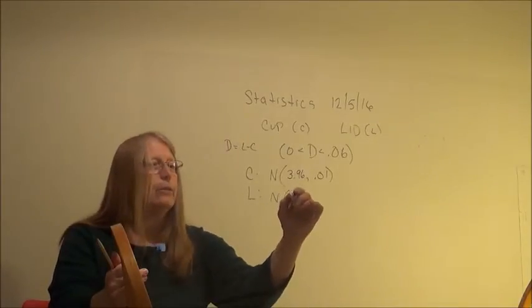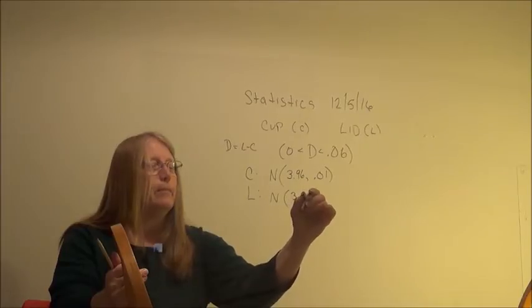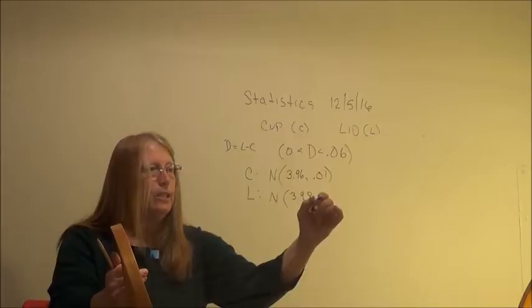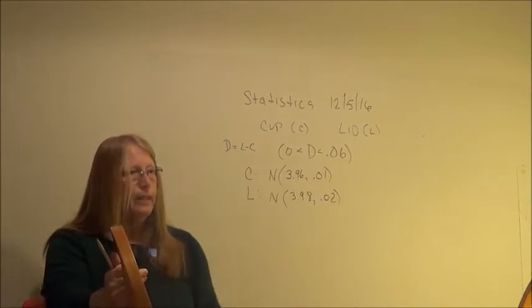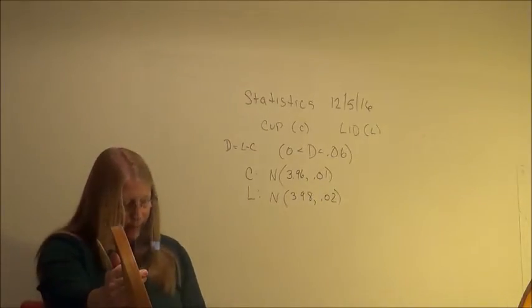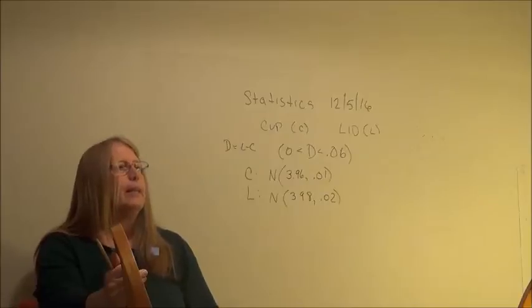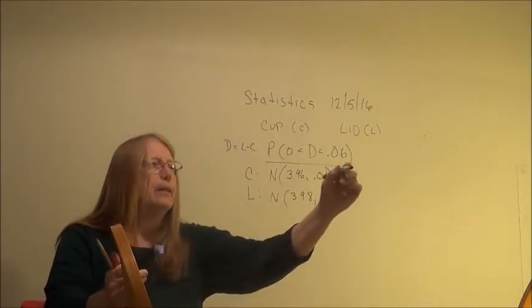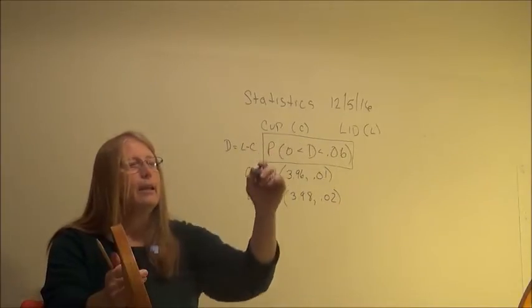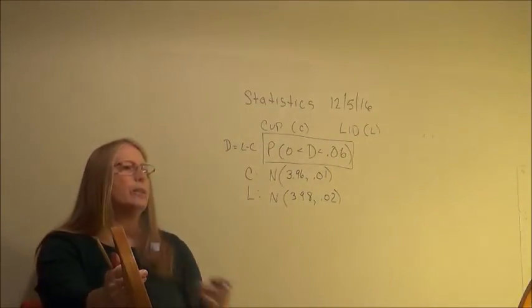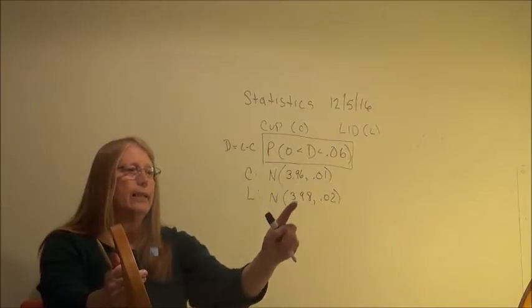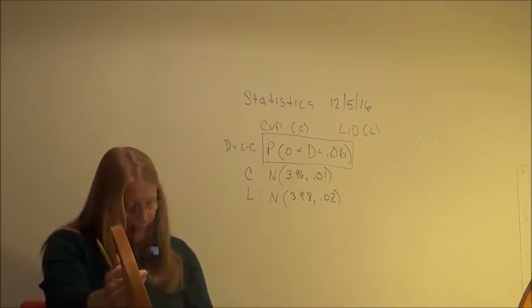It has a mean of 3.96 and its standard deviation is 0.02. So the question is, what is the probability of finding this happen? Because this is when the lid and the cup fit nicely. What's the probability of that given the cups have this normality and the lids have this one?